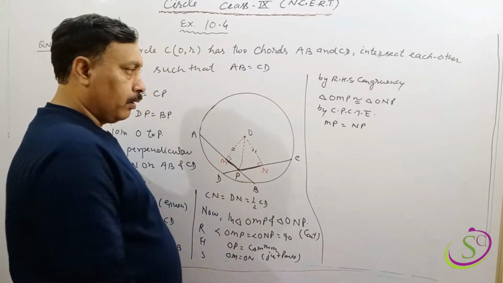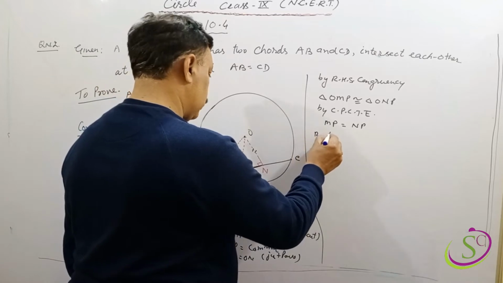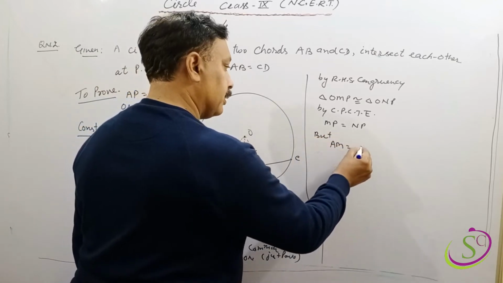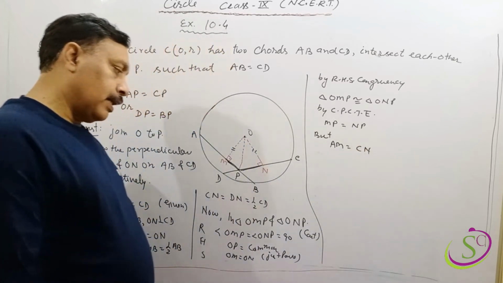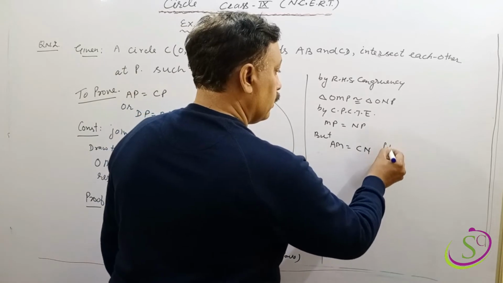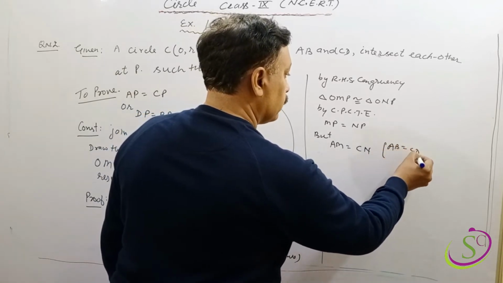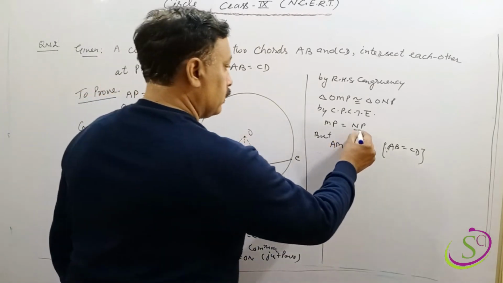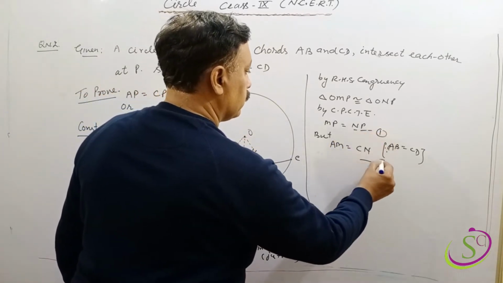But AM equal to CN. Why? Because AB equal to CD. Clear? This is 1 and this is 2.